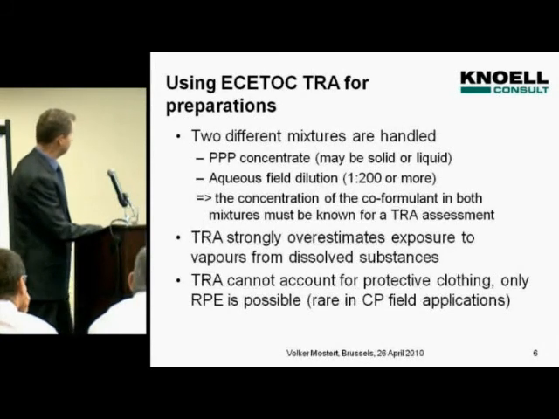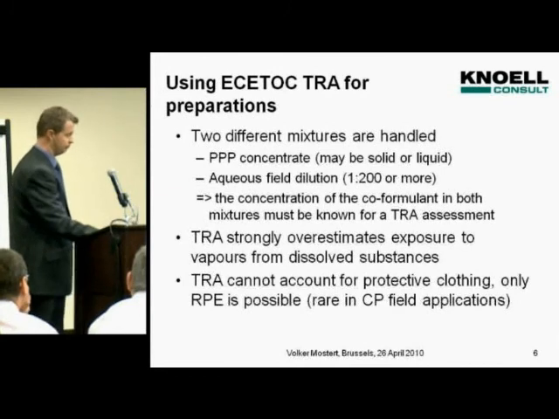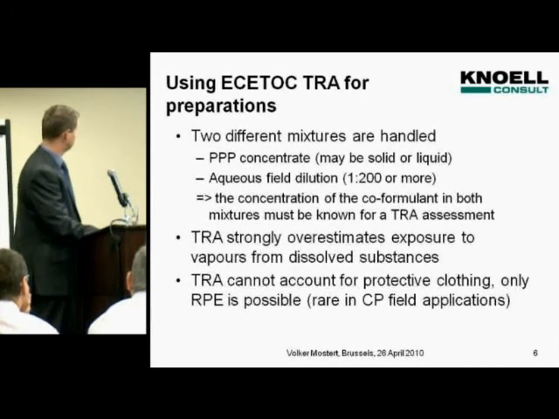But if we're dealing with plant protection preparations, we are looking at two different mixtures that I handled. The first one that is actually sold to the farmer is a plant protection product concentrate. That may be solid or liquid. And then you always have an aqueous field dilution, which may be a dilution of 1 to 200 or even more in water.